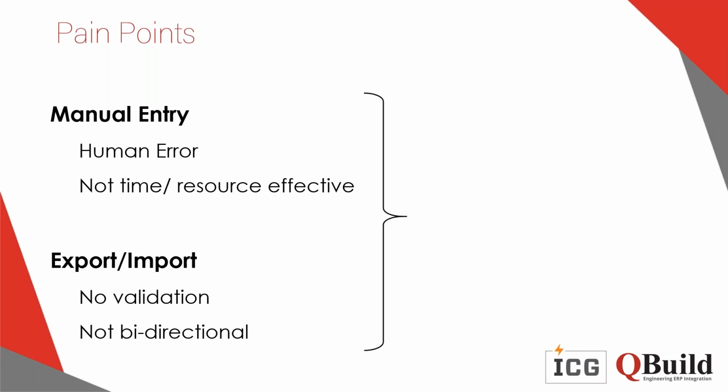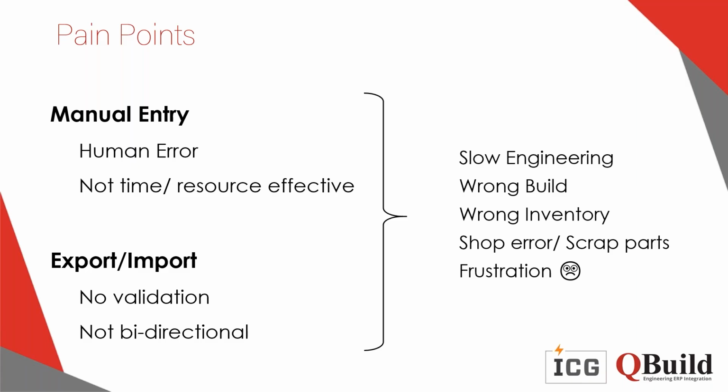So all in all, what we hear from our customers and prospects is that it leads to slower engineering, wrong build situations by misinputting a single quantity, for example, or a single part number or character, wrong inventory, shop error and scrap parts on your shop floor, and overall frustration in the company, especially with shop floor, purchasing and engineering, just due to that disconnect and how intensive some of these processes can be.